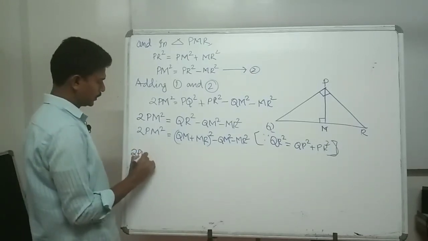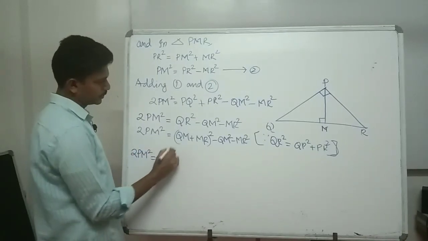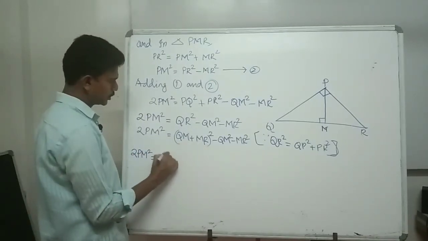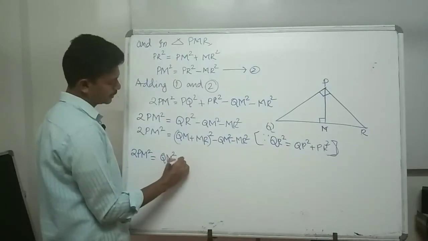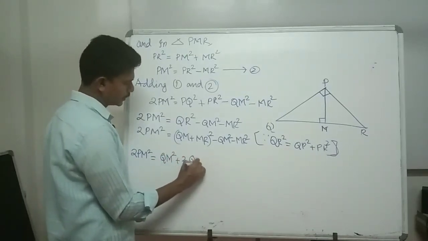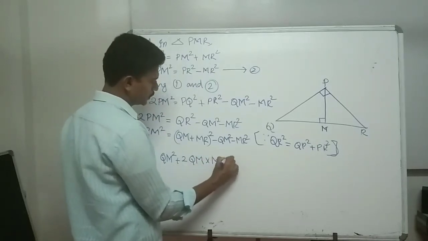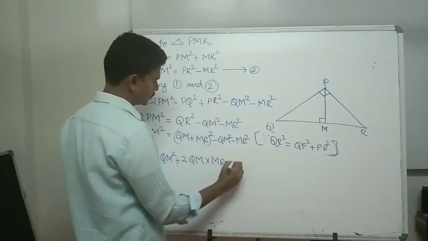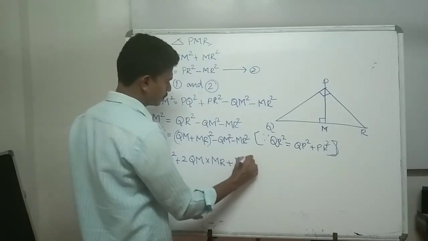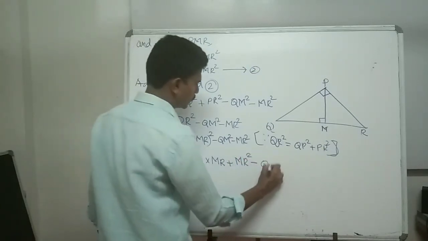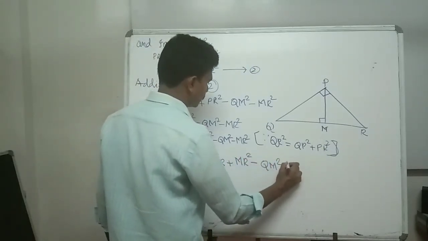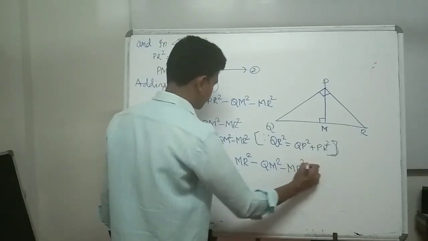So 2PM square is equal to QM square plus 2 into QM into MR plus MR square, minus QM square minus MR square.